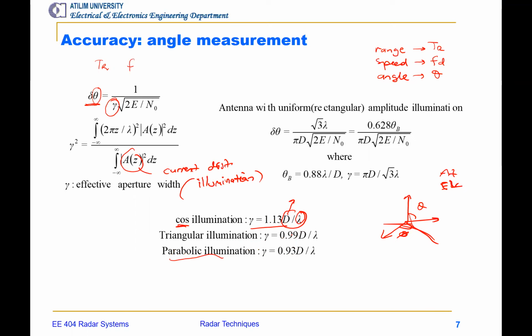For each of these, we can determine the error in angle, and we can determine the beam width accordingly for each illumination. So, as a conclusion, we can model the error in range, speed and angle by using the same methodology and the parameters alpha, beta, and gamma.